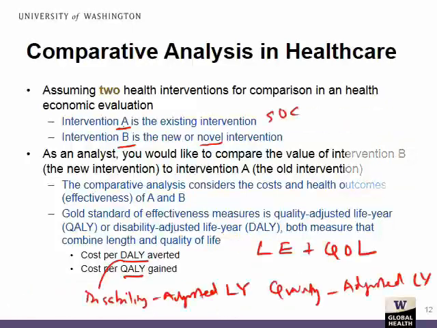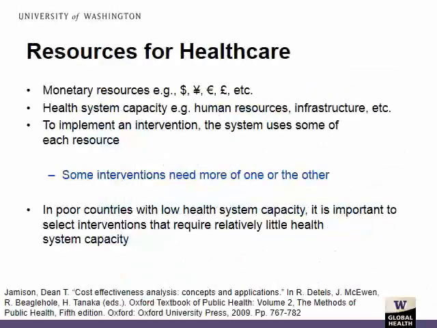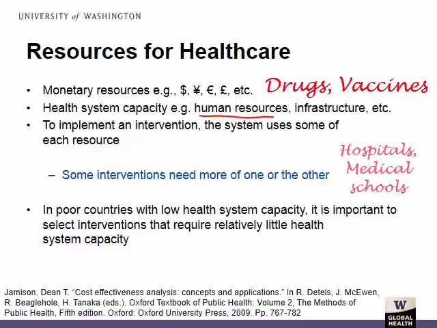So with regard to resources for healthcare, you have monetary resources and health system capacity. So you have things that you can buy easily with money, maybe drugs and vaccines. And then you have health system capacity that has to build up slowly over time. Human resources, training doctors, infrastructure, building hospitals, or even medical schools.